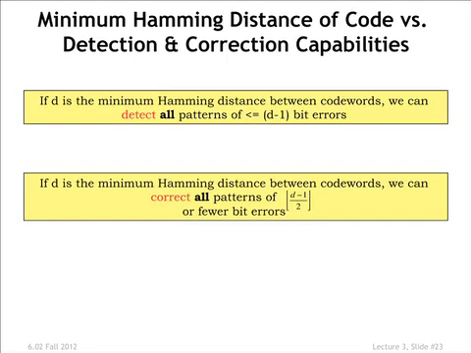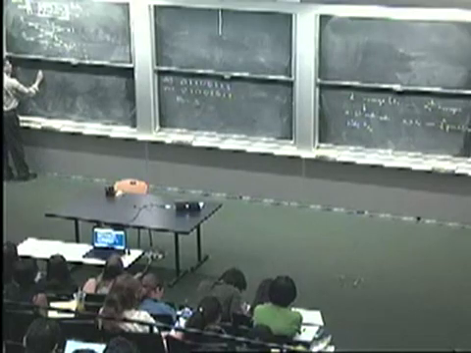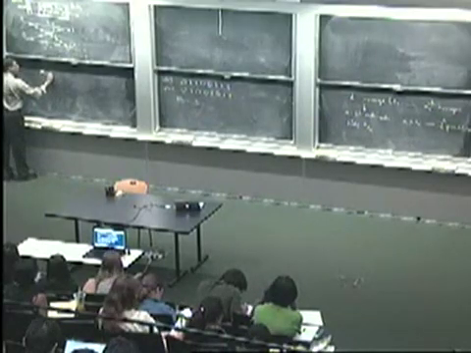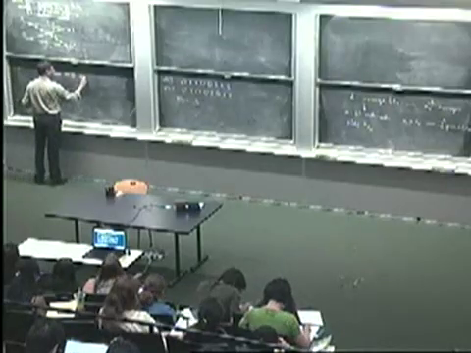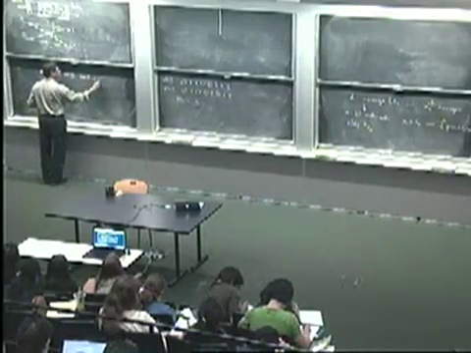So here's the general statement, in terms of Hamming distance and what you can do with the code. So first of all, I've got a set of code words. What's really important is what's the minimum Hamming distance between my code words.